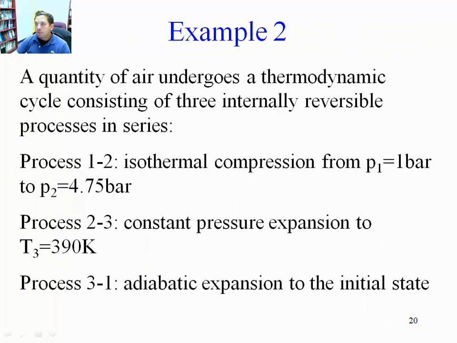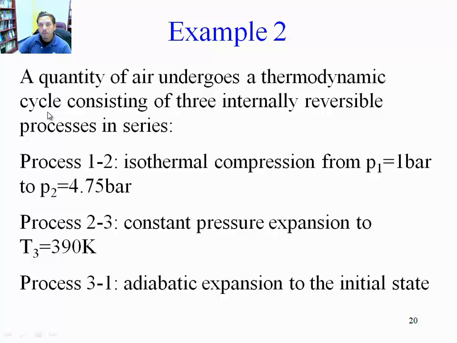Okay, now using these ideas of calculating the change in entropy for processes involving ideal gases, whether using the constant specific heat model or the variable specific heat model, let's solve a problem involving air, which is an ideal gas, undergoing a cycle.